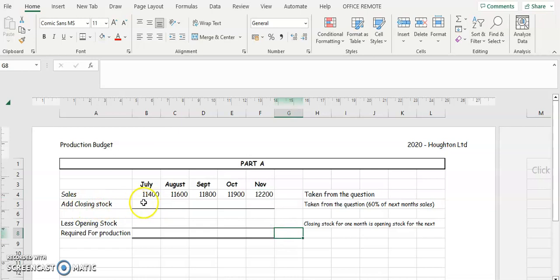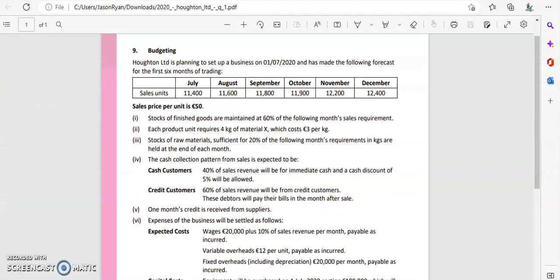So our closing stock then, we're going to get this from the question. It tells us that stocks of finished goods are maintained at 60% of the following month's sales requirements. So for August, we're going to get 60% of August sales, and that's going to give us our closing stock for July. For our closing stock for August, we're going to get 60% of September.